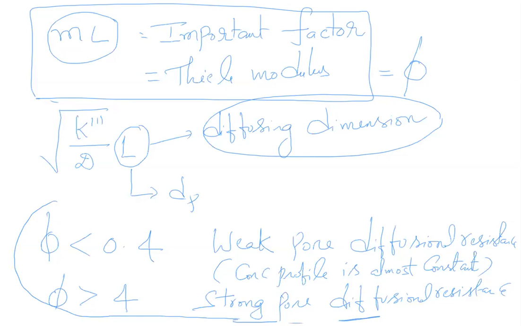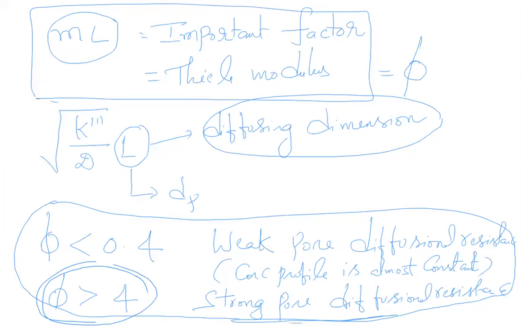What did you write in the first question? How do you know that diffusion resistance is strong or weak? Or how do you know that diffusion resistance is governing my rate of reaction? If phi, the Thiele modulus, is greater than 4, then you can say that diffusion is governing your rate of reaction.